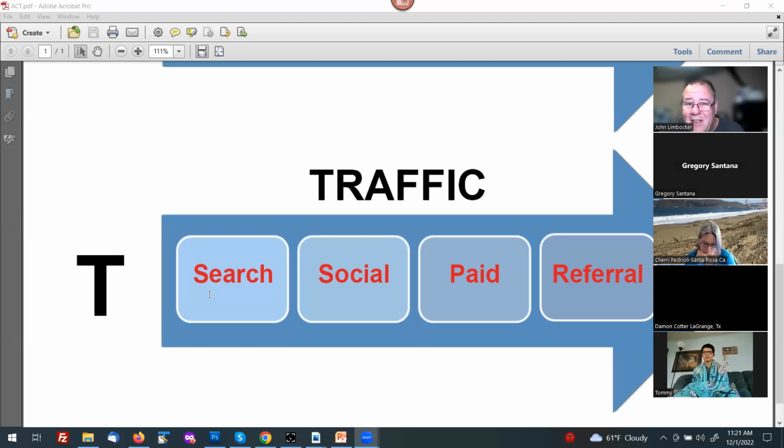There's paid advertising modes of all different varieties. And again, you need to figure out where your person is so you get the right traffic. There's also referral traffic. I get a lot of referral traffic. Referral traffic can be free. It can also be incentivized with money.